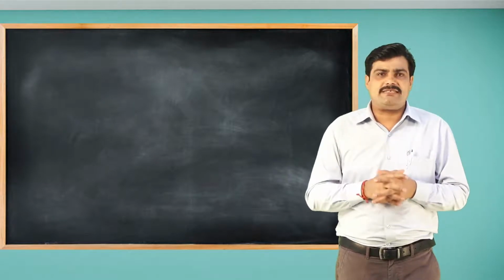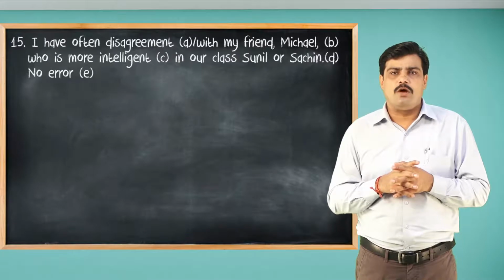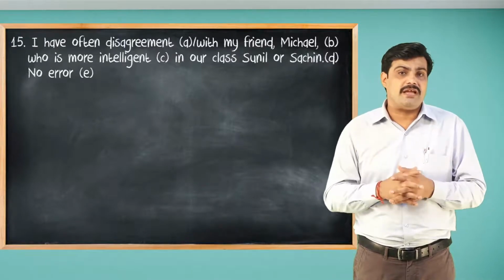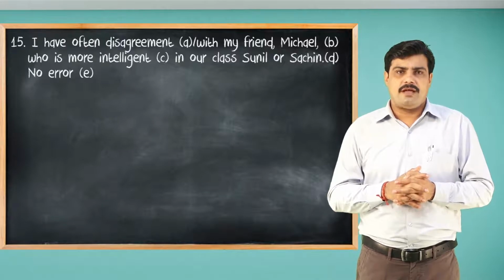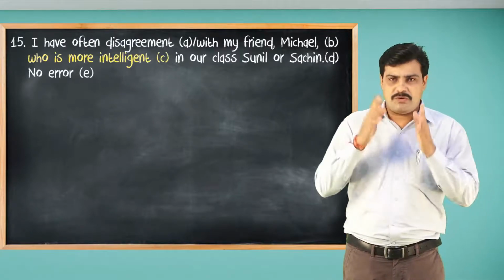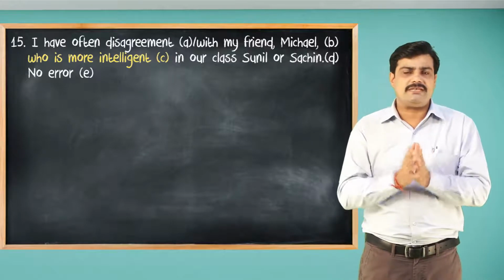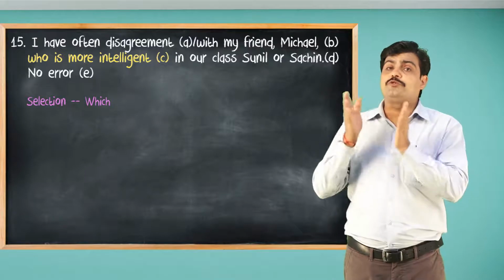So the next sentence is, I have often disagreement with my friend Michael, who is more intelligent in our class, Sunil or Sachin. Now in this sentence, the use of who is wrong because we are just talking about selection, and in selection we have to use which.